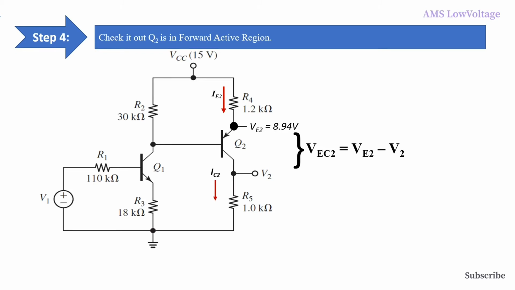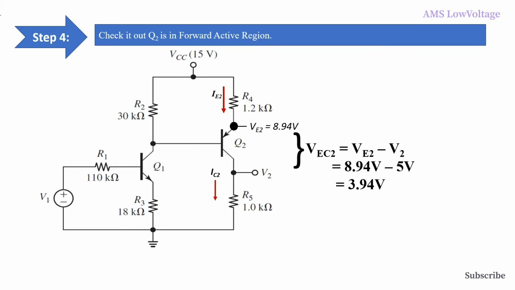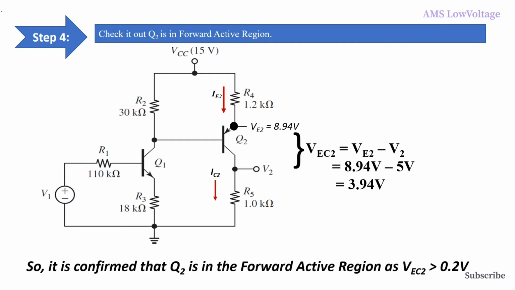So we can write VEC2 equals VE2 minus V2, and we put in the value for VE2, 8.94 volt, and for V2, 5 volt, and it makes 3.94 volt for VEC2. So it is confirmed that Q2 is in the forward active region as VEC2 is greater than 0.2 volt.